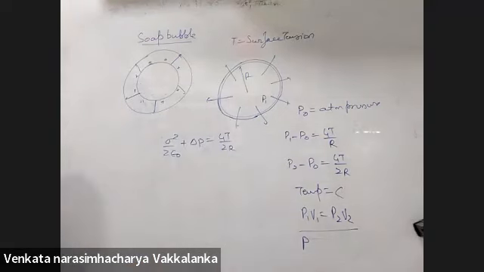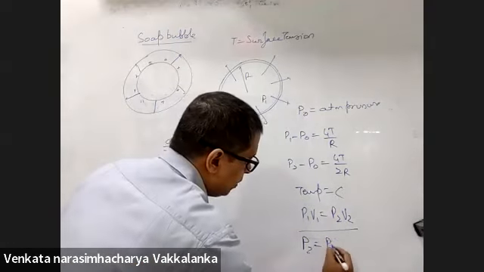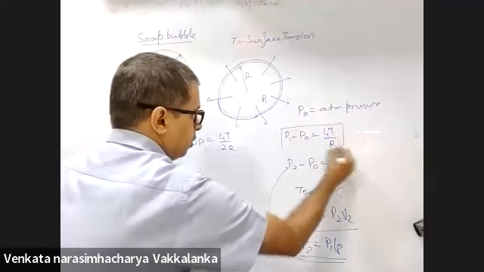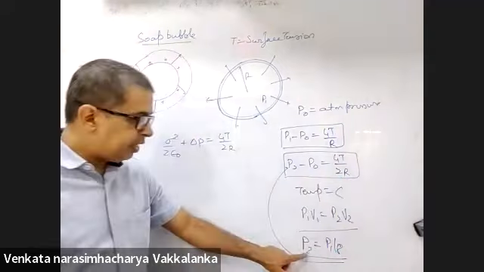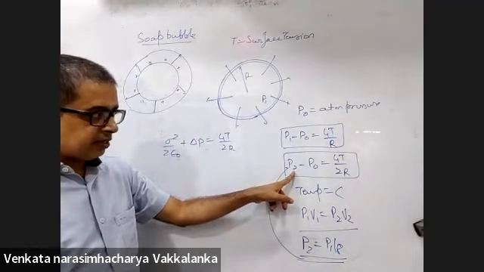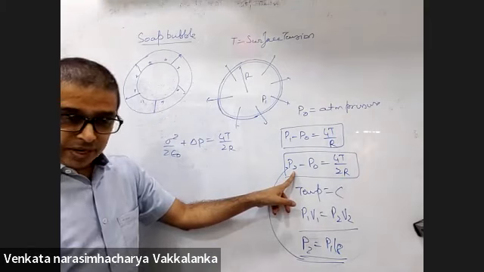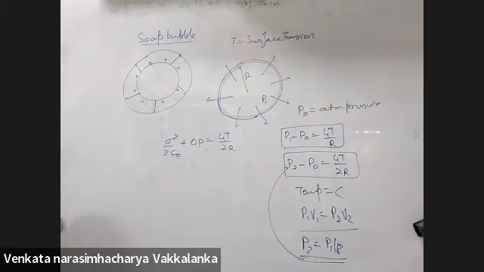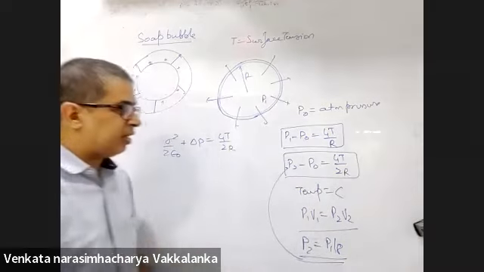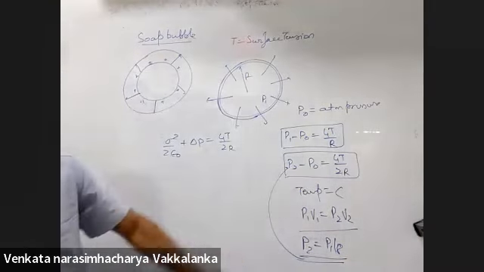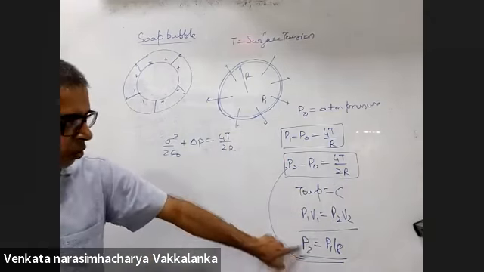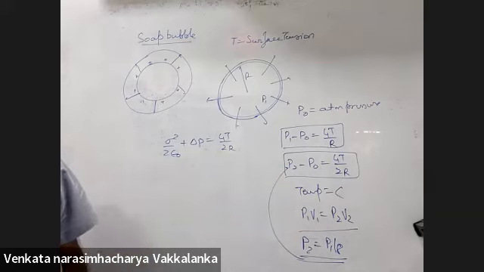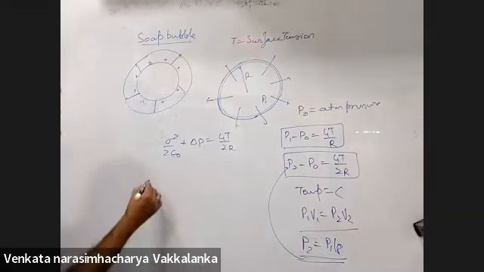Right? P2 will be P1 by 8. Now I need P2 minus P0, 4T by 2R. I need to substitute in the place of P2. How much will I get P2 as?